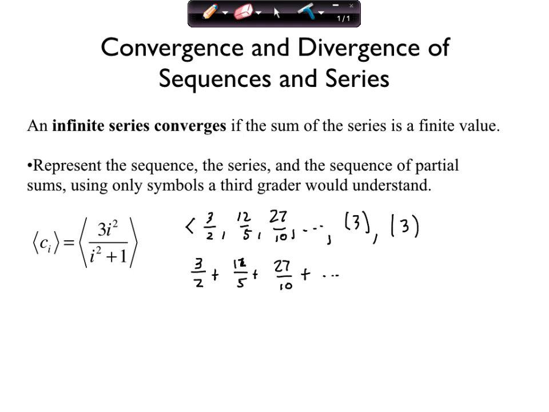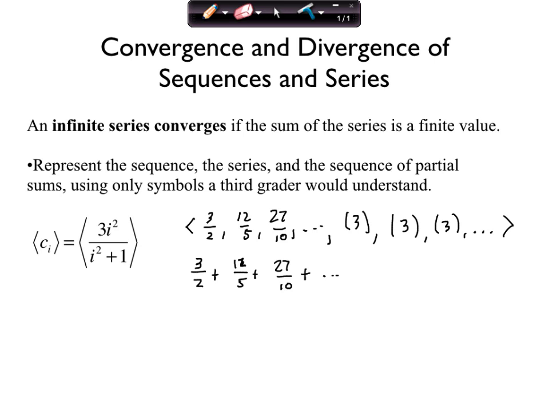When you plug in a million or a billion or a trillion into this infinite sequence, you're going to get a number so close to 3 that it's basically the same as 3. So that's what I mean by putting parentheses around there. So when n gets really large, this is kind of what happens with the sequence. Does it make sense? Technically those aren't exactly 3, but they're so close to 3 and they're getting even closer with every term.